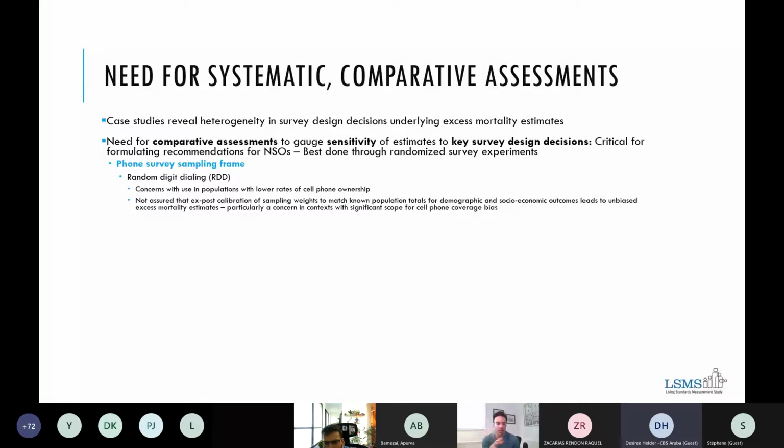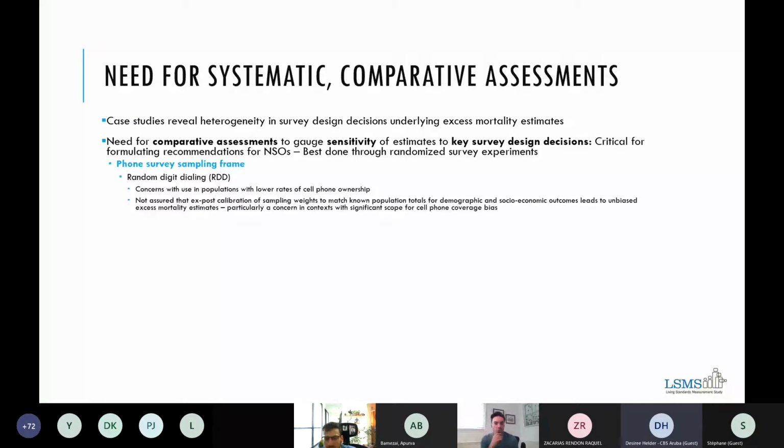And it's not clear that in every context where RDD has been used, the ex-post calibration of these sampling weights to match known population totals in terms of demographic and socioeconomic outcomes in fact leads to unbiased excess mortality estimates.